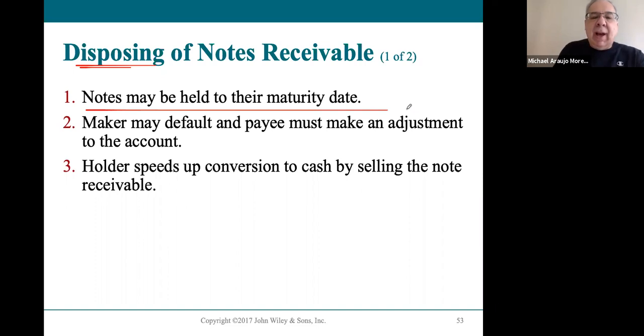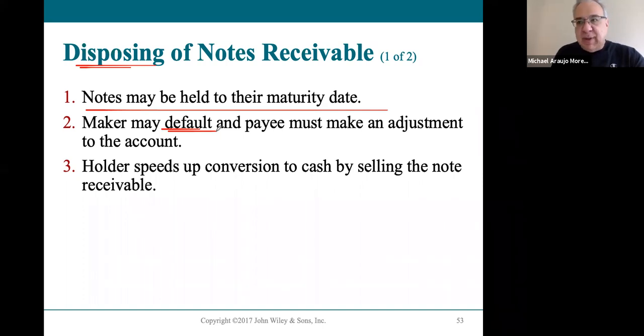Boom. However, sometimes there's a default, which means that the business that you've made the loan to can't pay. Anytime you see the word default, it simply means they've missed a payment, whether the payment is 1 month's payment or the whole thing. It's a default. It's a lovely term for sure. But when defaults happen on notes, you've got a lot of extra work to do.